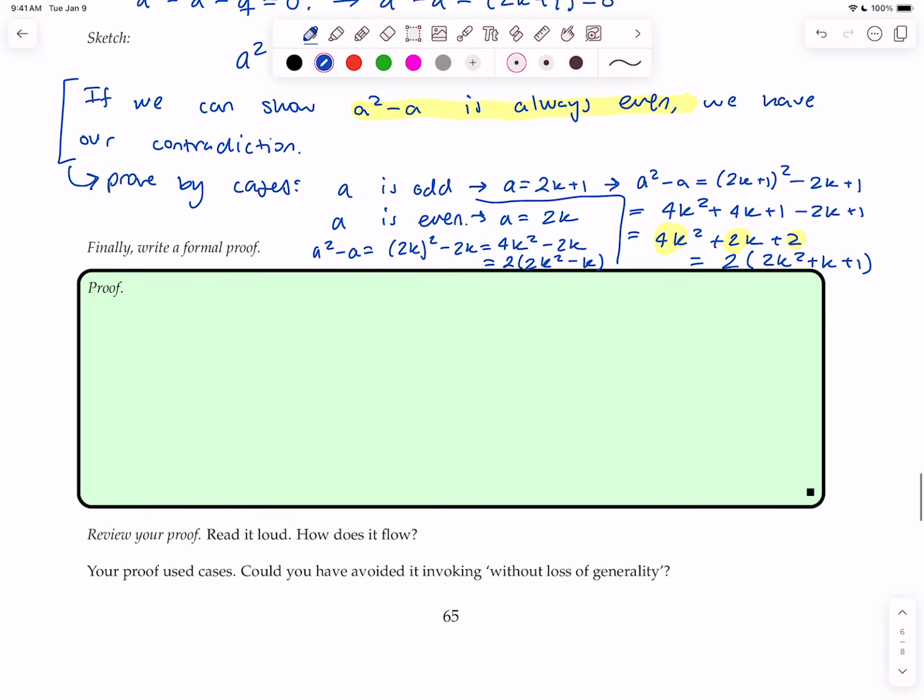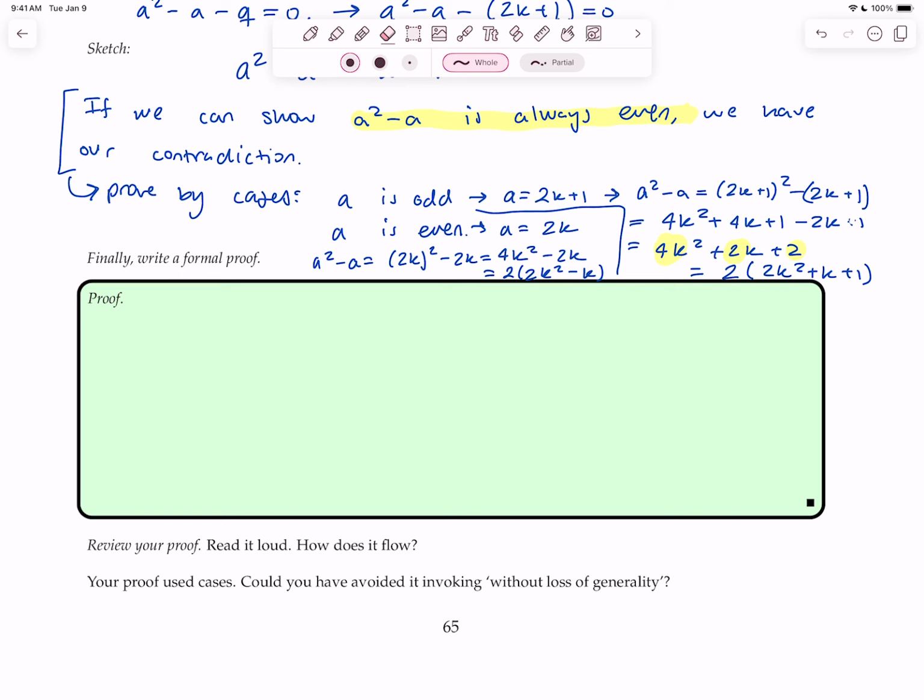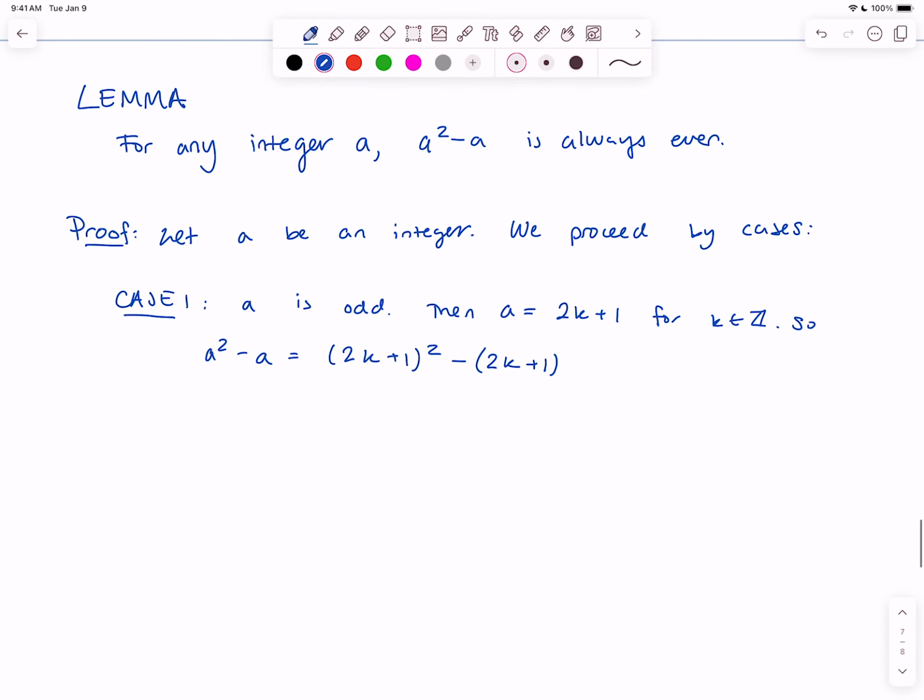I might have made a mistake with the parentheses up here. Yeah, I did. Whoopsies. Make sure you distribute your minus signs, otherwise you make the same mistake I did. There we go. That looks a little bit better. Sorry about that. So we get (2k plus 1) squared minus (2k plus 1), and then we get 4k squared plus 4k plus 1 minus 2k minus 1, distributing the minus sign.